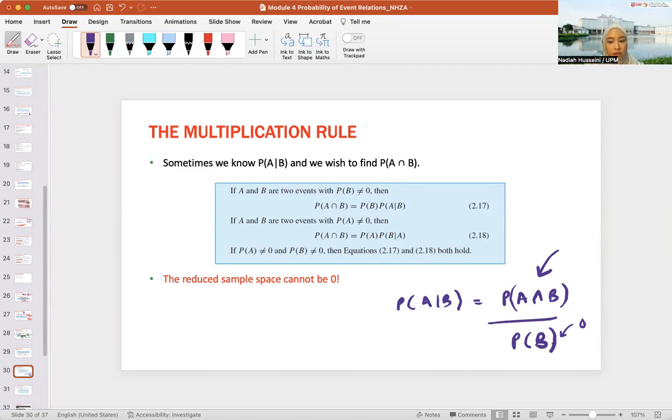So if your probability of B is 0, then if you multiply it here, first of all, this will become infinity, which does not make sense. And if you try to move it around, this will become 0, which also does not make sense, considering we have a question asking for it. So the multiplication rule does not hold if one of the events has probability 0, okay?